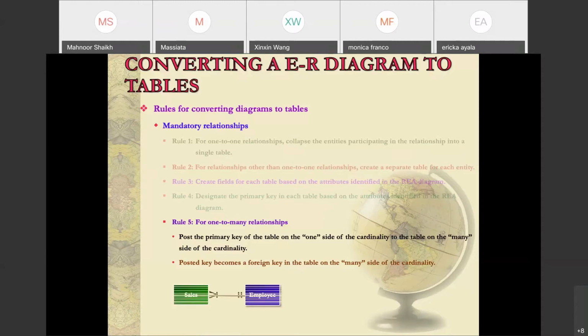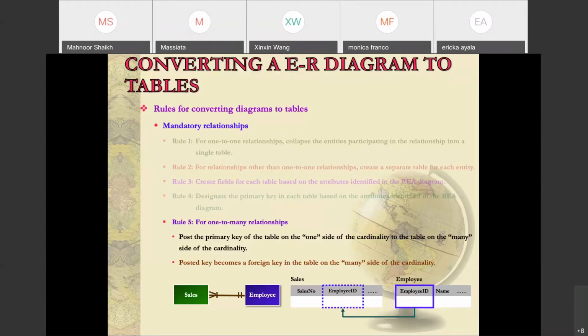For instance, in this case, the one side of the cardinality is employee. The many side of the cardinality is sales. So the employee ID, the primary key, becomes the foreign key of the sales table. Okay?